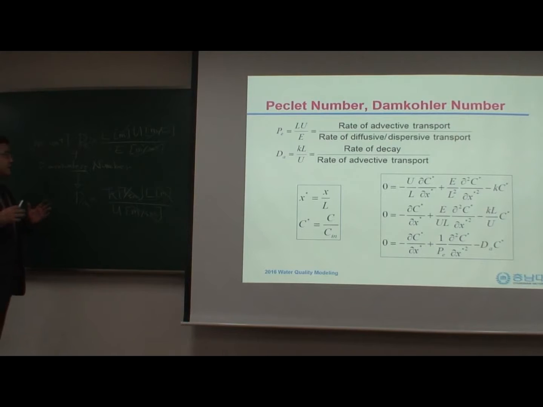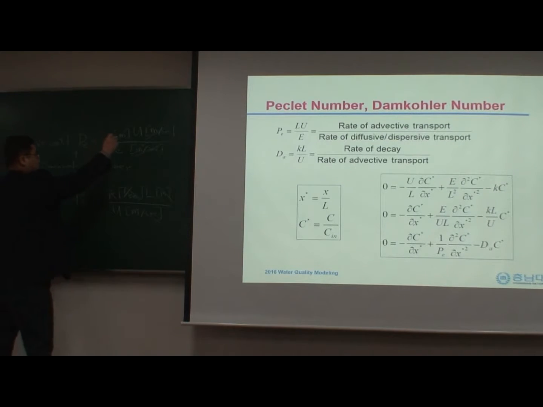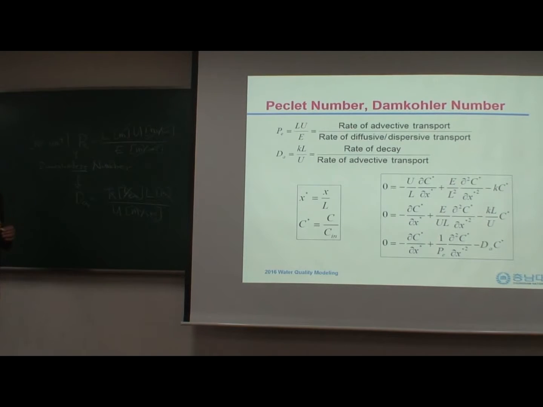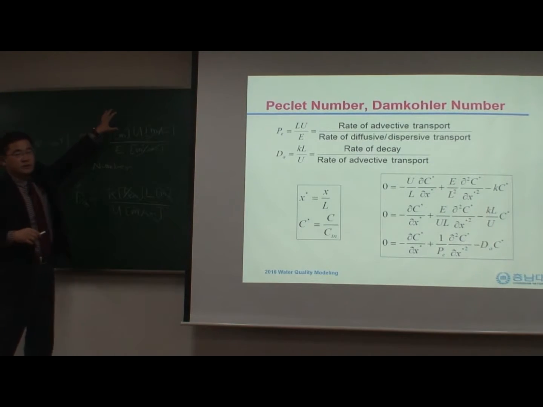And if we think about their meaning here, they have velocity and dispersion. If the numerator is big, that means we have big velocity. If the denominator is big, it means we have a big dispersion number.